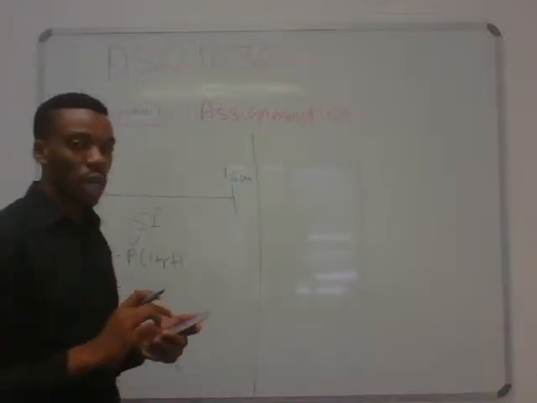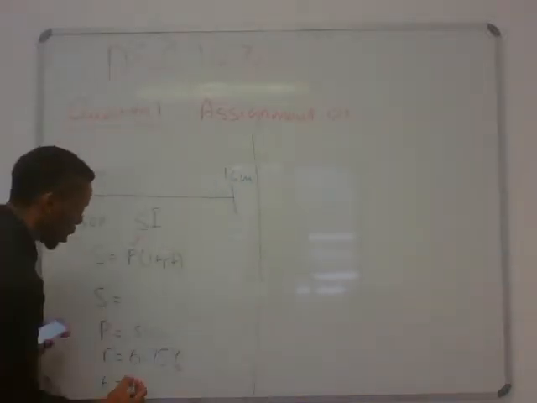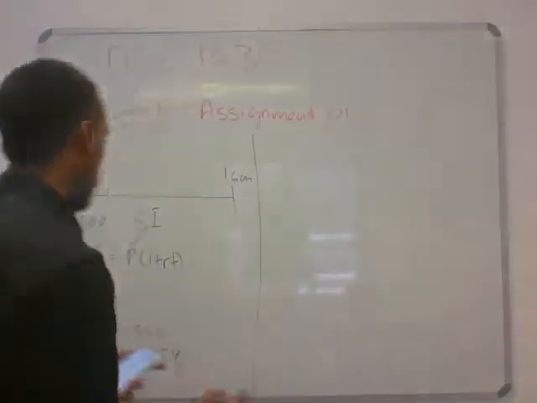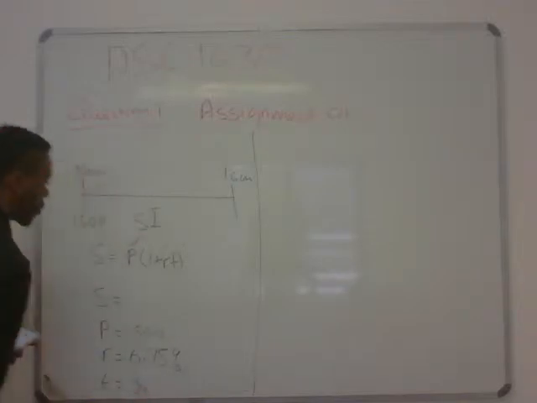The balance in the account 16 months later. So the time in this particular region is 16 months. Remember that time must always be converted to years, so we divide by 12. So it's 16 over 12.